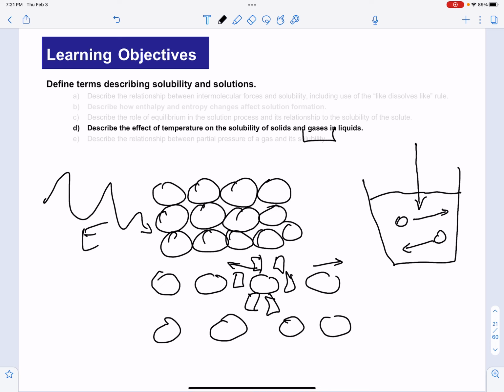So when you increase the temperature, that's going to increase the speed of the gas even more, and that will cause more of them to escape. So when you're making a solution, if the temperature is high, more molecules of the gas will tend to escape because they're always moving randomly. And if they happen to be heading upwards, they will escape the solution.